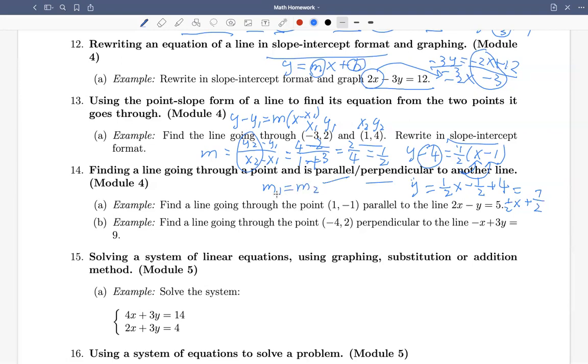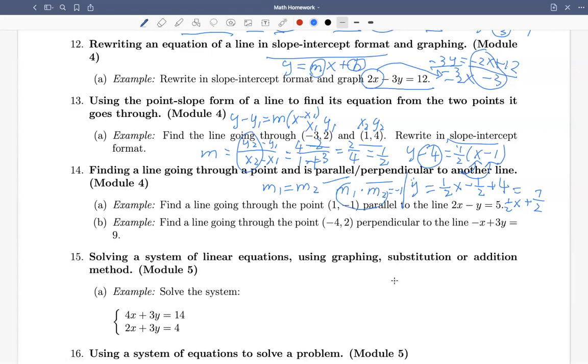If the slope of the first line is called m1 and the slope of the second line is called m2, they equal each other. So two parallel lines have the same slope. Well, perpendicular is different. Perpendicular means the two slopes are opposite inverses, which means if we multiply them, we get negative 1.